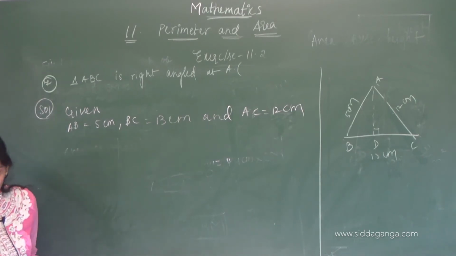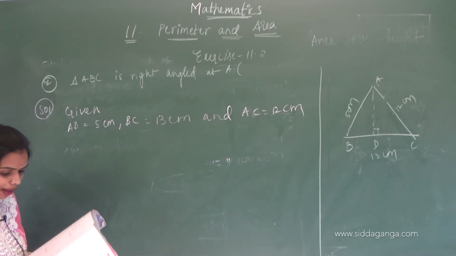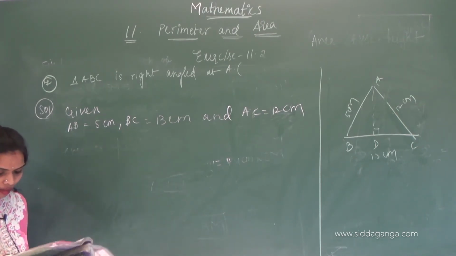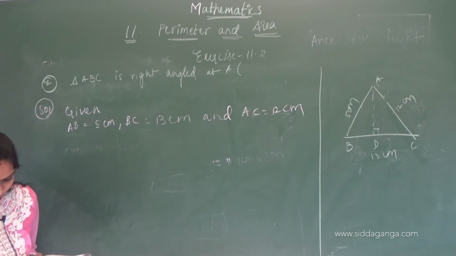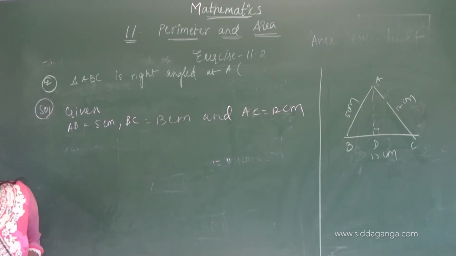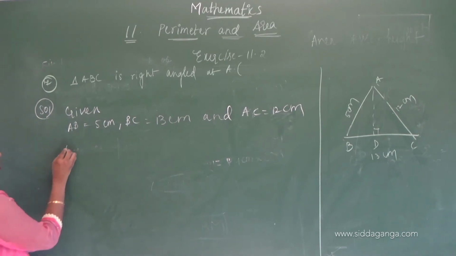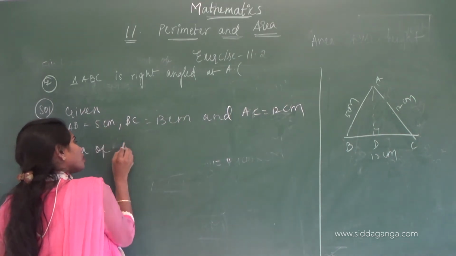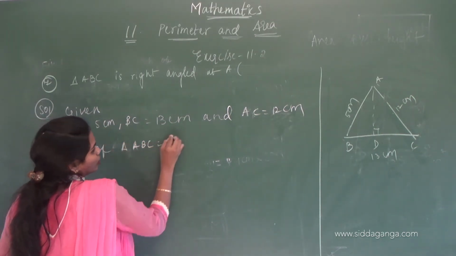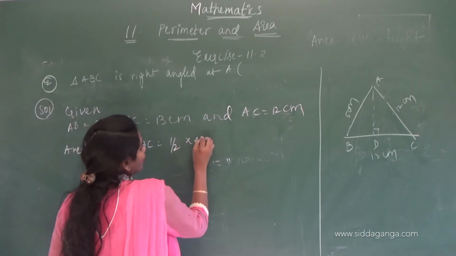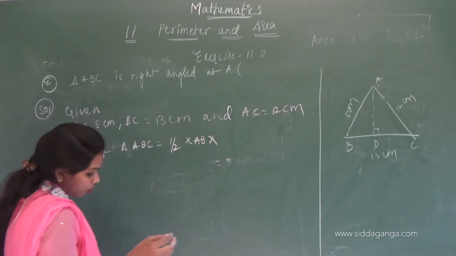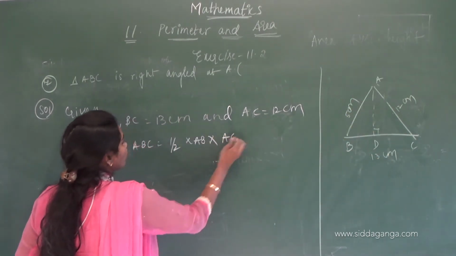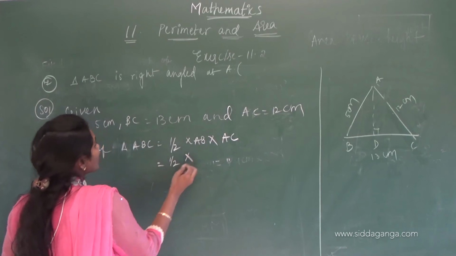And then you have to write, we know that the area of triangle ABC is equal to half into AB into AC.